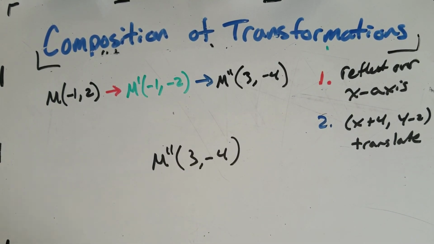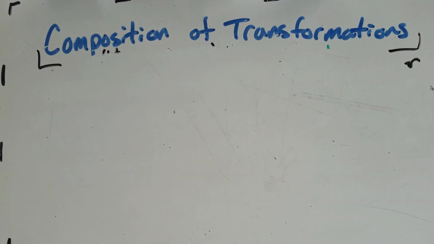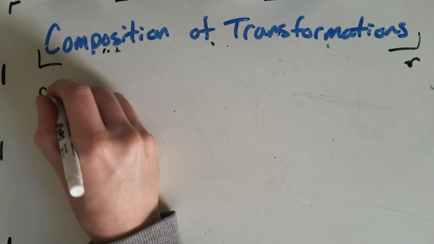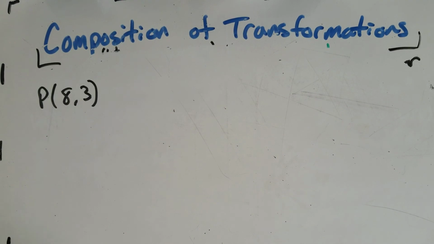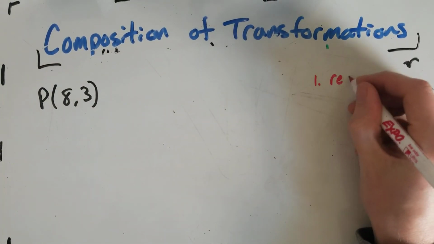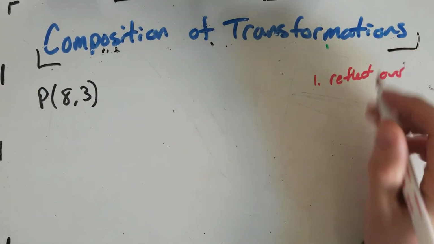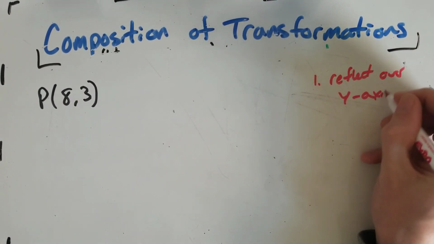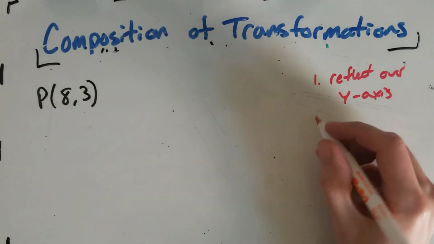And our last problem of the day, we're going to have a point. And let's see what we do to it. We're going to start with point P is (8, 3). And we are going to do these transformations. First, we're going to reflect over the y-axis. Then we are going to translate.